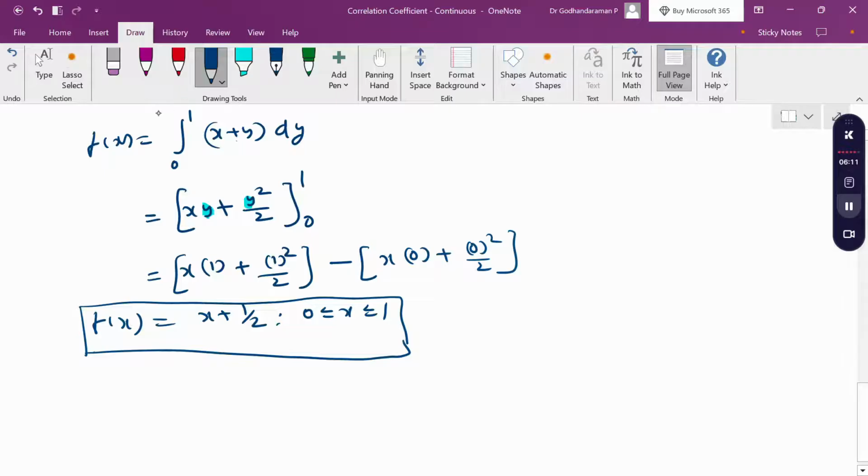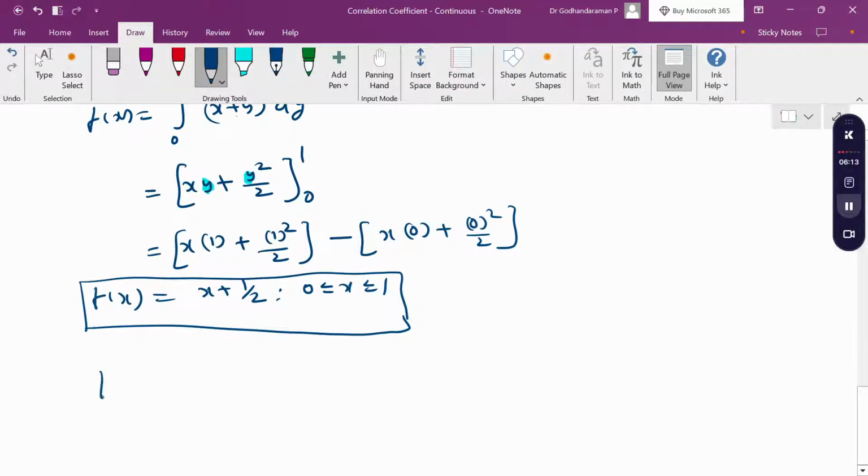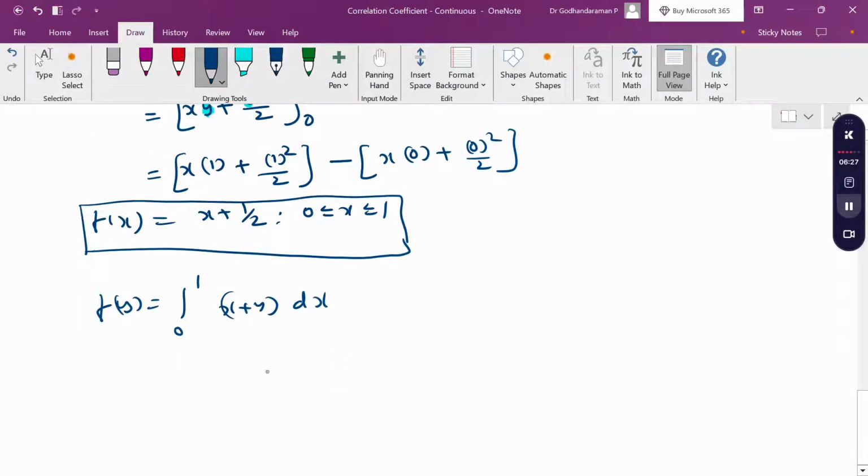Then the marginal function of y: f of y is the integral from minus infinity to plus infinity of f of x comma y dx. So integral 0 to 1 of x plus y dx, with respect to x. When I integrate x dx, I get x square by 2, and y is constant, so dx integrates to x, from 0 to 1.